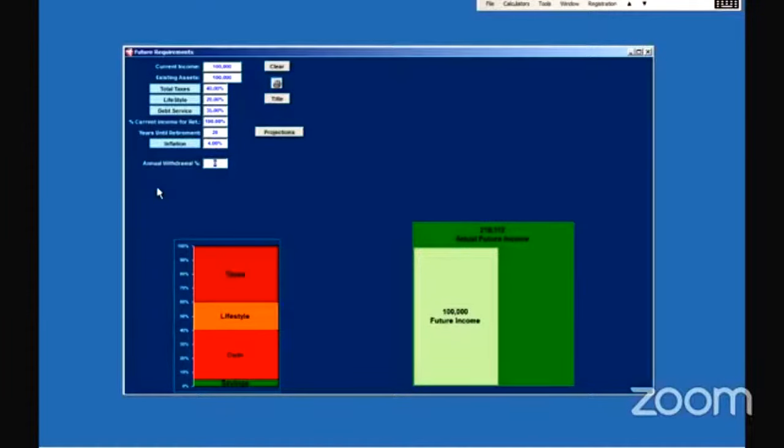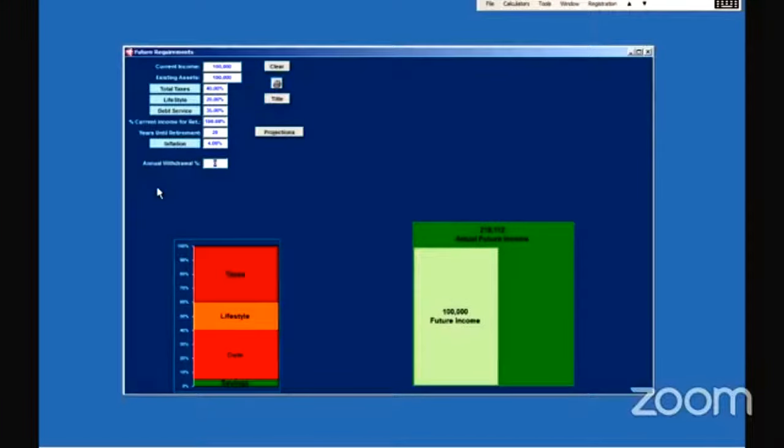Because if they do so and they're married, what happens if they live a long life and then the first spouse passes away? Will there be any income left to provide a benefit to the surviving spouse? So unless they've done proper planning, most of them are just going to opt in and take a withdrawal rate.